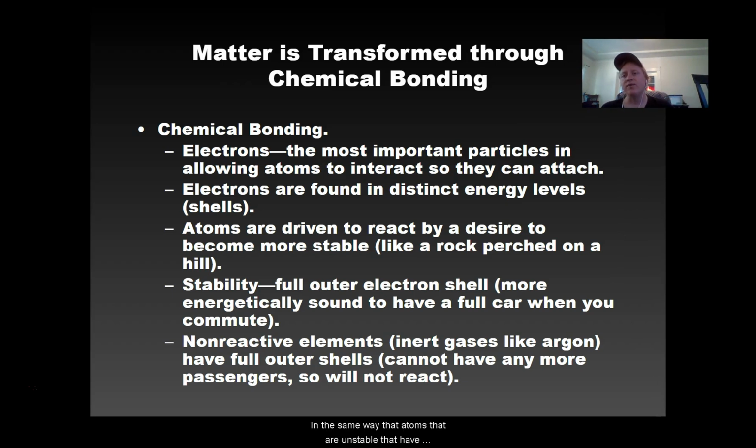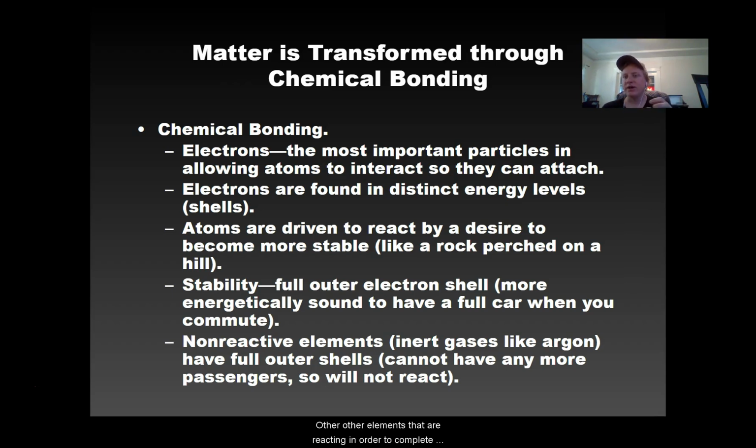That stick is ultimately going to fall to the ground, in the same way that atoms that are unstable, that have an unfulfilled octet, are going to bond with one another in order to form a more stable configuration. Okay? So if you have a full outer electron shell, you're going to have more stability. Non-reactive elements, like inert gases, have full electron shells, and so they're not going to react with anything.